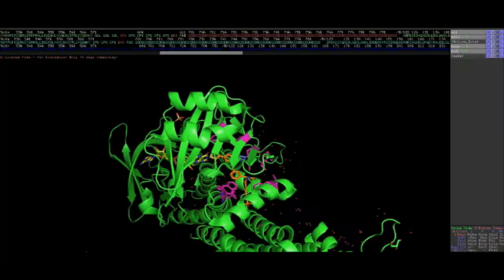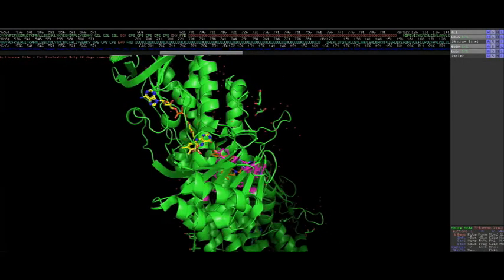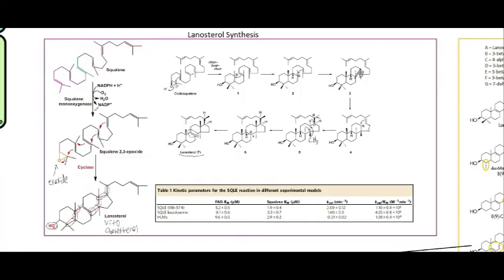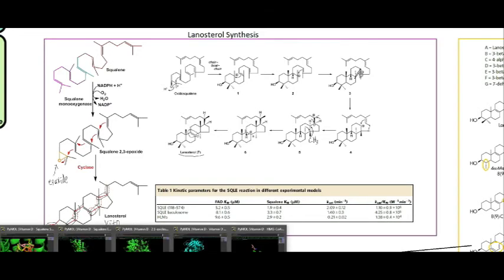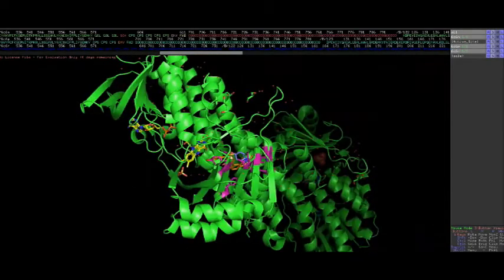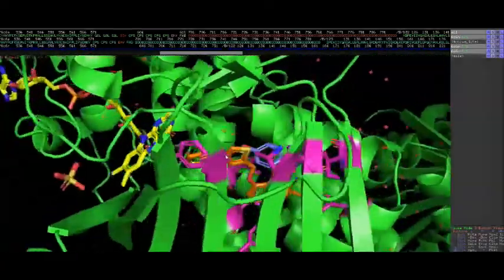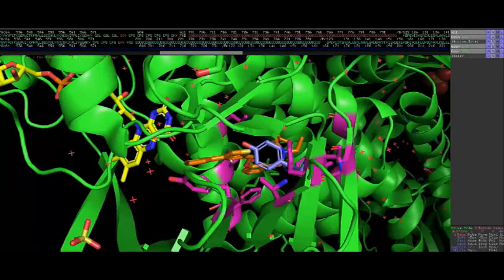And so here is the squalene epoxidase. So this is the reaction that is actually adding this epoxide onto the squalene. I think this structure doesn't have the substrate bound to it.